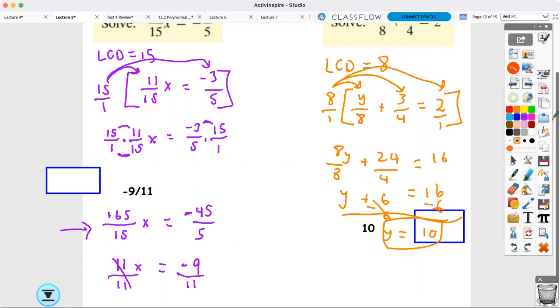Yes. So why is that not right? Because remember, 2 was a whole number, right? To make it into a fraction, Jacob, we have to put it over 1, right? And then we're gonna multiply 8 over 1. And remember the rule, top with the top. 8 times 2 is 16.